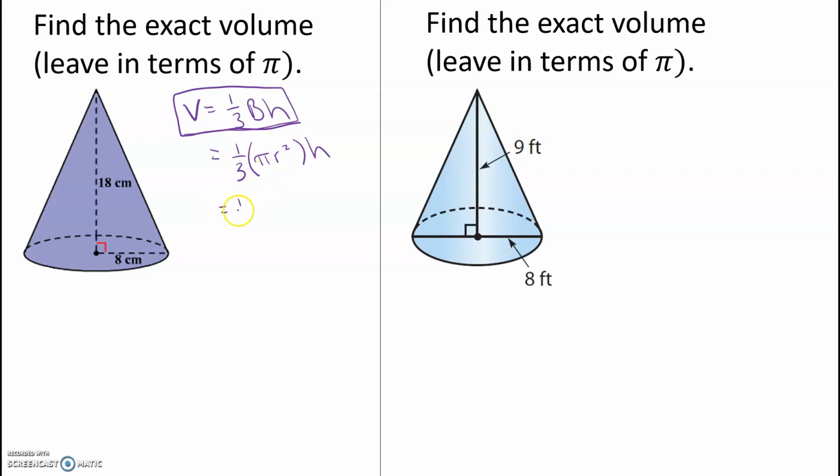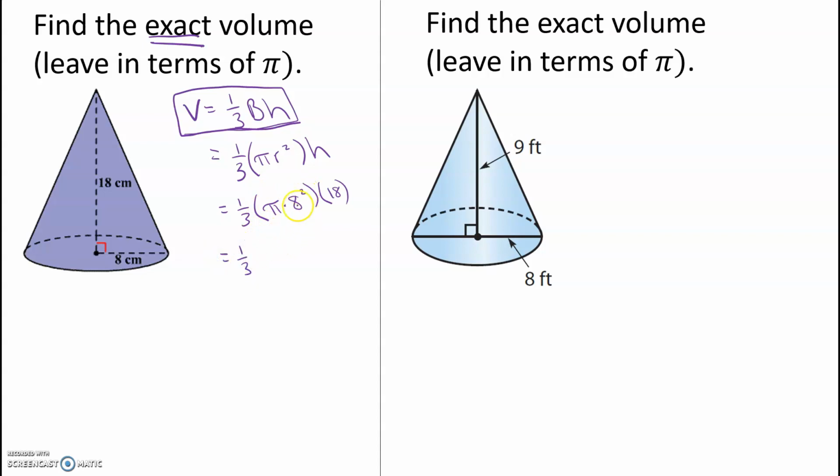But once you get there, plug and chug. So we've got pi, my radius is 8 squared, times my height, which is, again, vertex straight down. See that right angle? It's got to be perpendicular, 18. Now this does say exact, which means we're going to forget about pi for a minute.